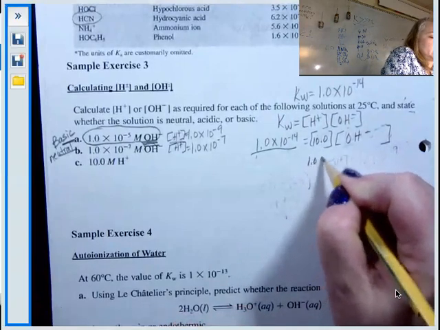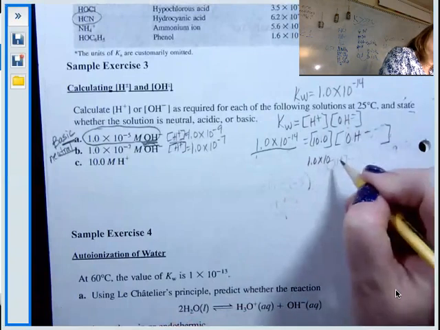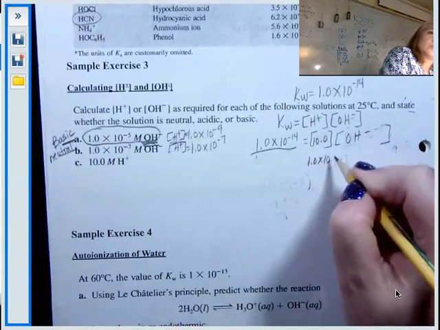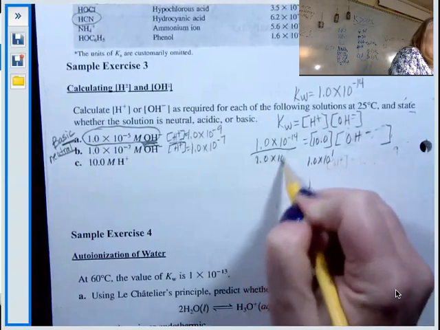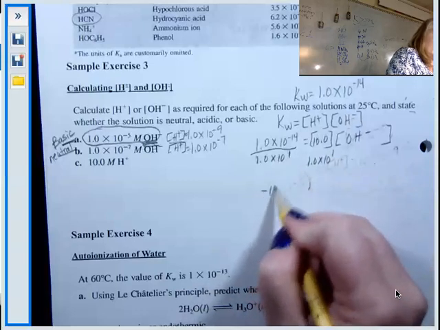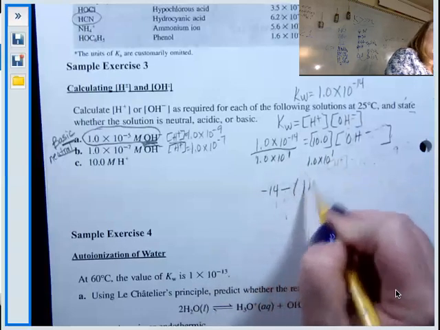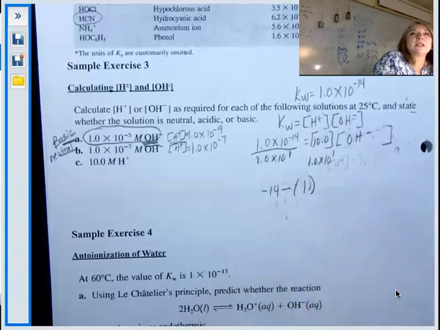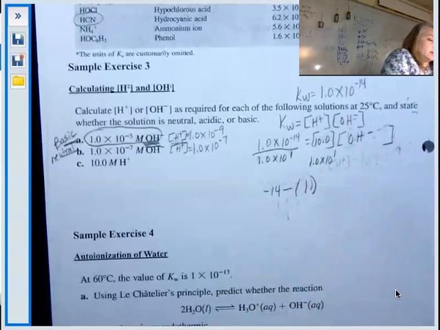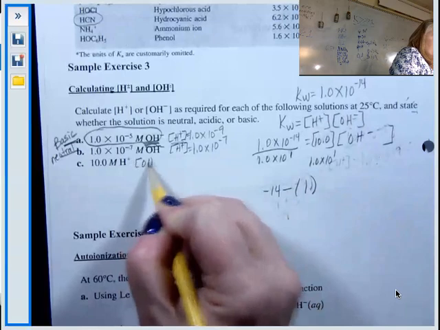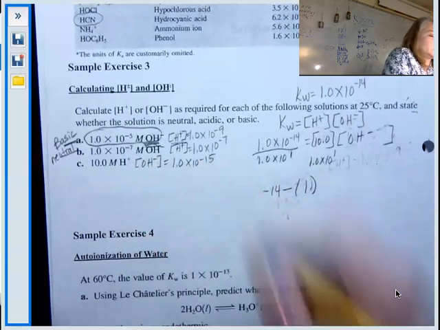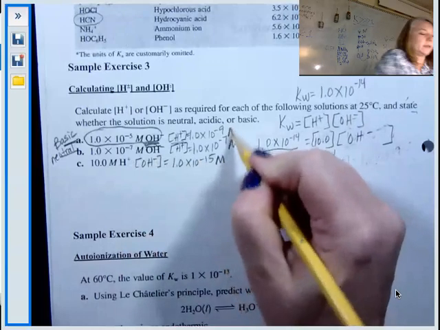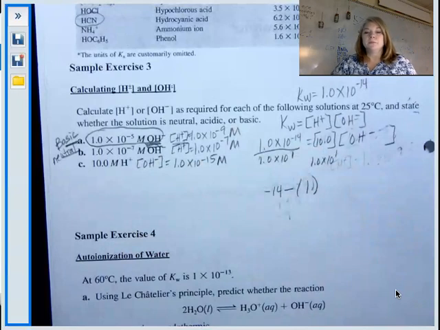It's 1.0 times 10 to the positive 1. So we're dividing by 1.0 times 10 to the 1, and we've got negative 14 minus 1. What's that going to make our exponent? Negative 15. That's right. So our OH minus is equal to 1.0 times 10 to the negative 15, and I'm leaving off my big M, molarity, behind those.